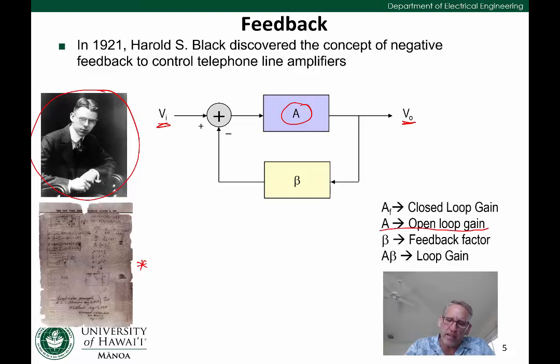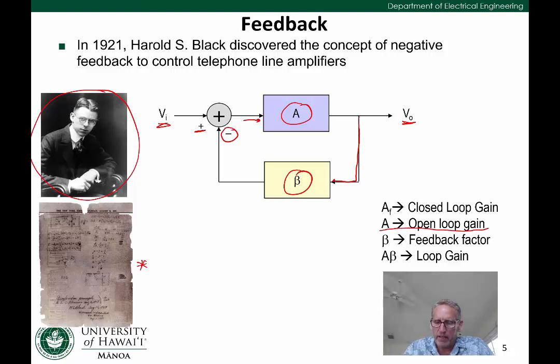Then we feed our output signal back through this term called beta, and that's called the feedback factor. It feeds back and then subtracts from our input, from VI. The difference between our input and the signal that's fed back then goes back into the amplifier and is amplified by A, and this loop keeps going.